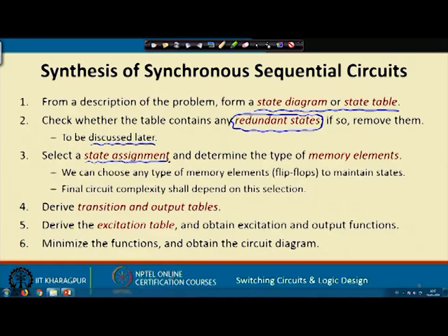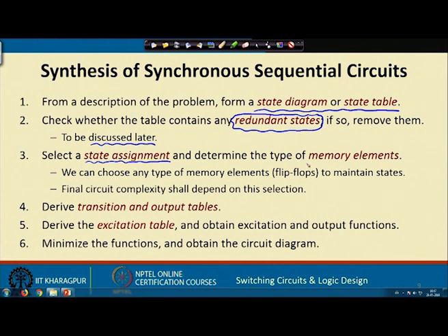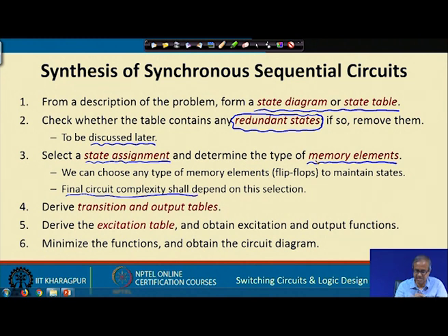Each state is assigned a binary code. And also you decide what kind of memory elements you will be choosing, JK, D, T or SR. And of course, the final circuit complexity will depend on this selection, and we shall see how to do it.